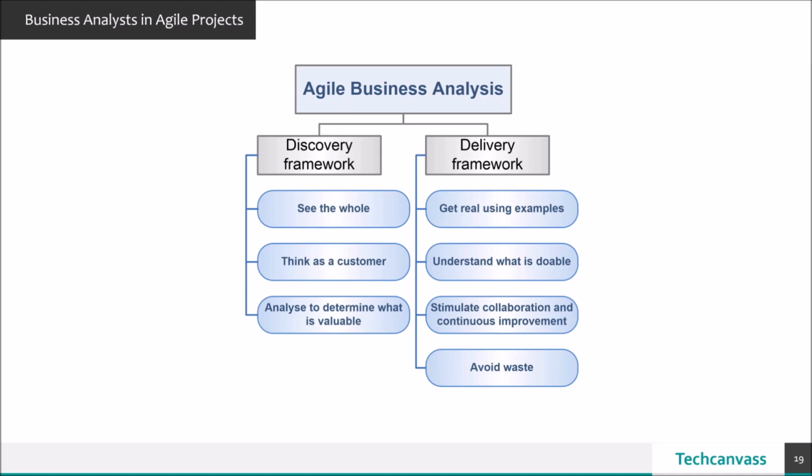Then there is the delivery framework, how you can get it delivered. You can use examples, understand what is doable, stimulate collaboration and continuous improvement, and avoid waste, so that you are not building something which cannot be used, or which the customer is not using.